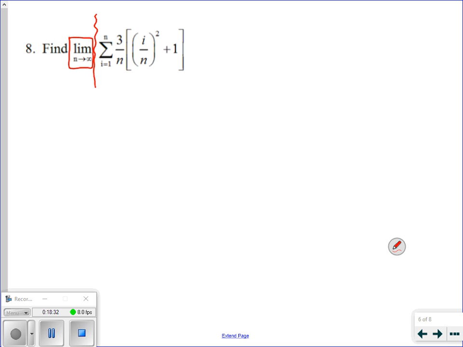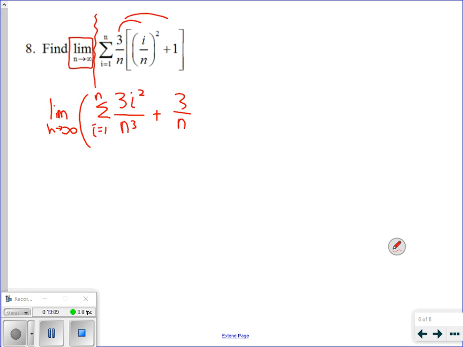Okay. Same as before. Go ahead and distribute and simplify. Do everything you need to do. I'm going to do this in as few steps as I can for you. So I'm going to have the limit as n approaches infinity. We'll evaluate that at the end. I got the summation i equals 1 to n, and I'm going to distribute the 3 over n. So 3 over n times i squared over n squared is going to be 3i squared over n cubed, plus 3 over n.